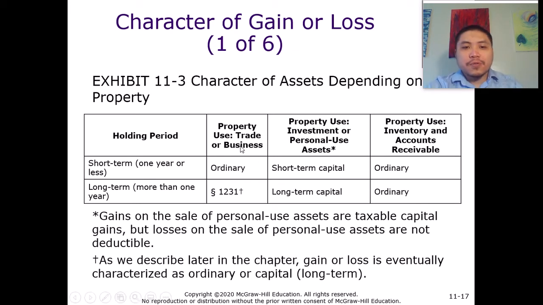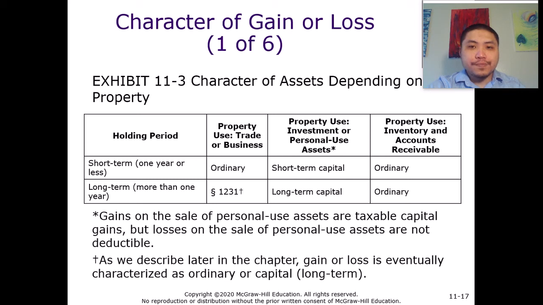First of all, let's look at trade or business properties, so properties used for trade or business. If the holding period is less than 1 year, then the gain or the loss from the sale of these properties is going to be treated as ordinary.